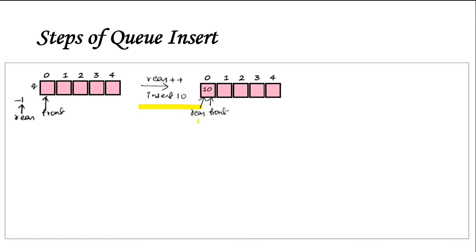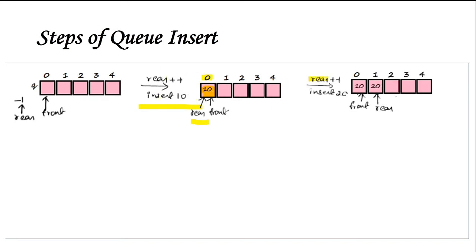I have incremented rear by 1 so that rear is pointing to 0 now. Insert the element at the rear position. Okay. Once again I want to insert 20. So what do I have to do now? Once again increment rear by 1. Then insert 20. Front is pointing to 0 itself. We have not touched the front pointer. We are going to play with only the rear pointer.